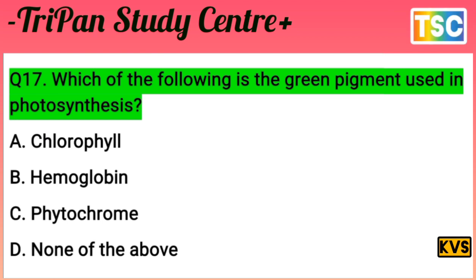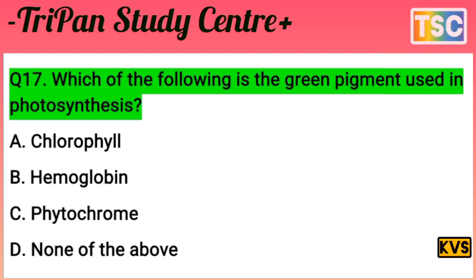A. Chlorophyll, B. Hemoglobin, C. Cytochrome, and D. None of the above. In green plants, the chlorophyll pigment is present in the plant cell, and it helps synthesize their own food by absorbing energy from sunlight. That's important.